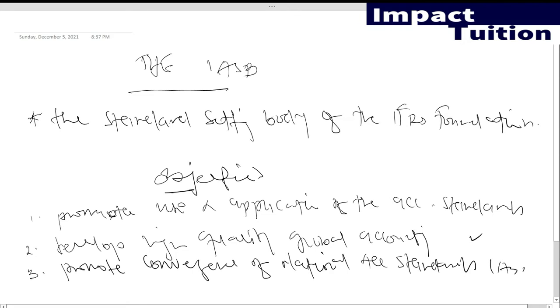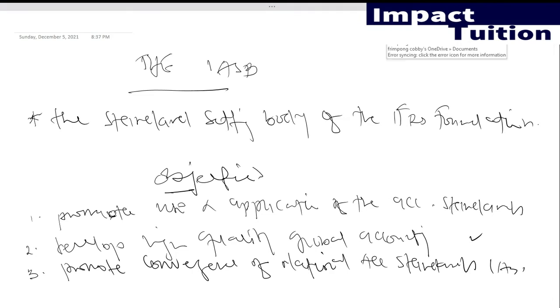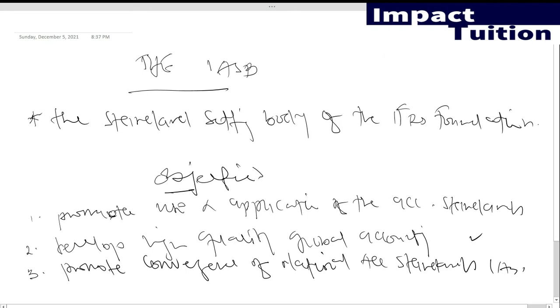So, three objectives of the IASB. The first is to promote the use and application of the accounting standards, then develop high quality global accounting standards. And the last one is to promote and facilitate the adoption of IFRSs through the convergence of national accounting standards and the IASs.